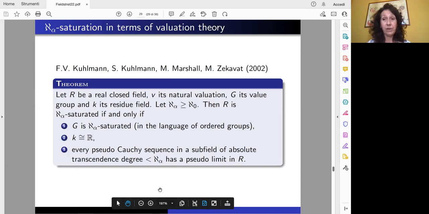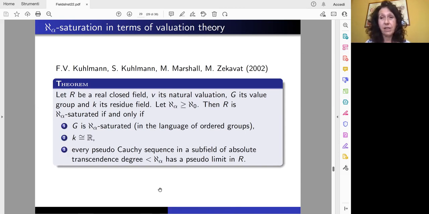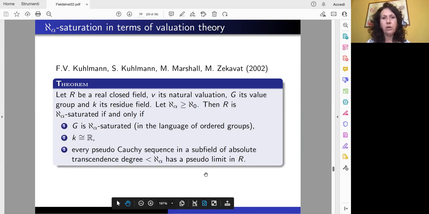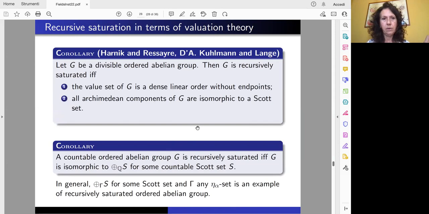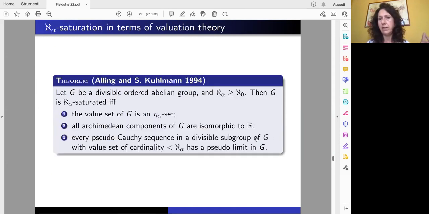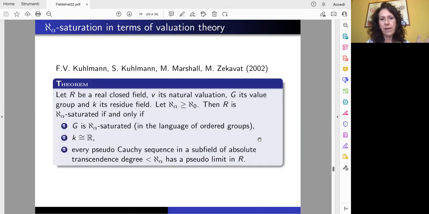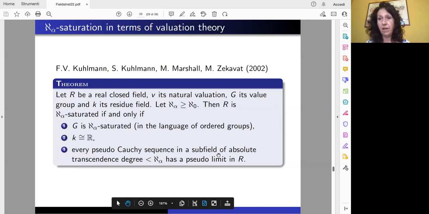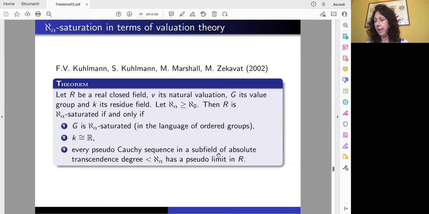The problem arises mainly when we want to show Aleph-0 saturation, because of cardinality reasons. When we consider the substructure, which in the case of the group is a subgroup, or in the case of the field is a subfield, this hypothesis puts a bound on the cardinality of the definable closure of the parameters.